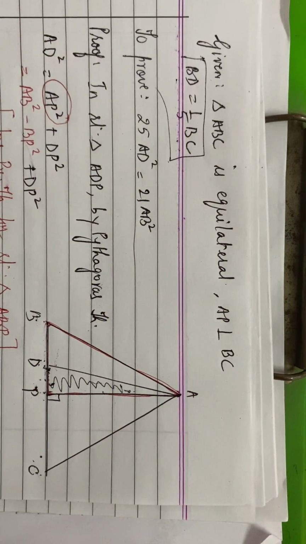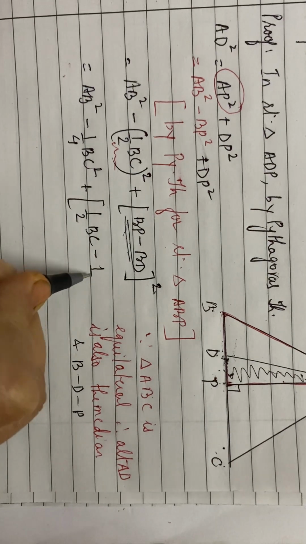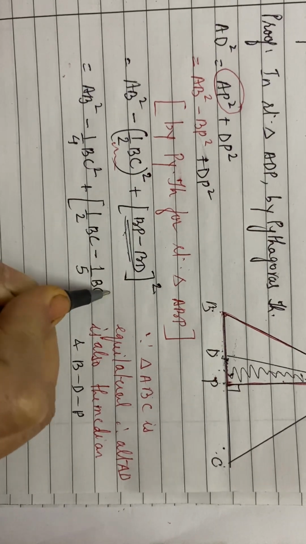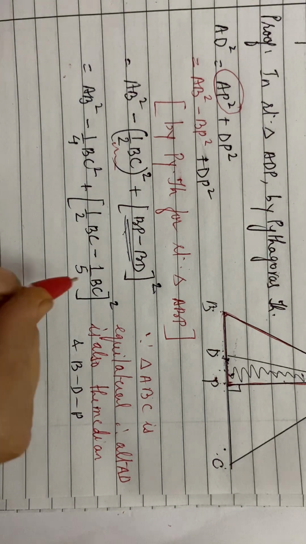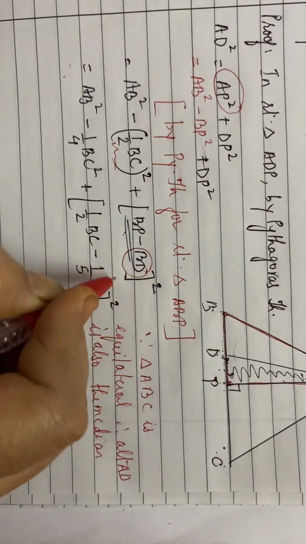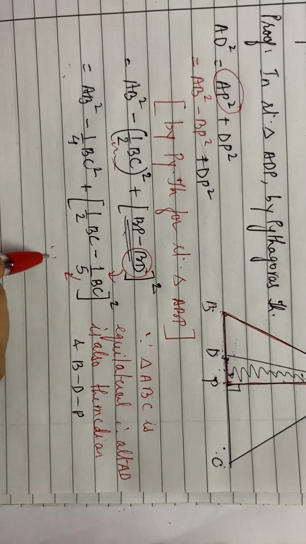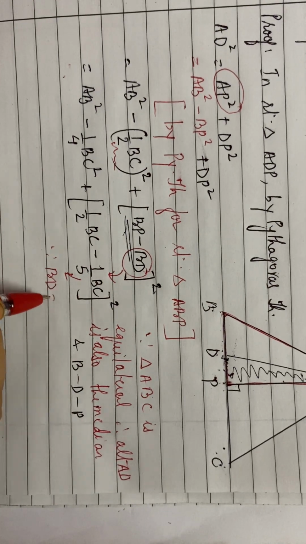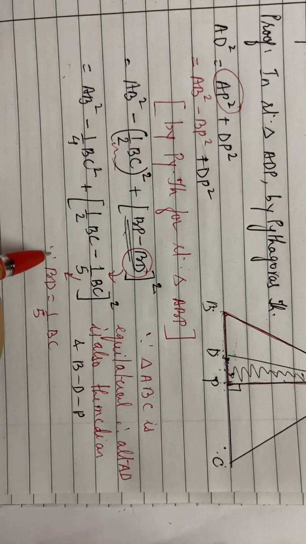So what is BD? It is 1/5 of BC. You can put it in reason. For this BD, you've written this, and the reason is since BD is 1/5 of BC. Okay?